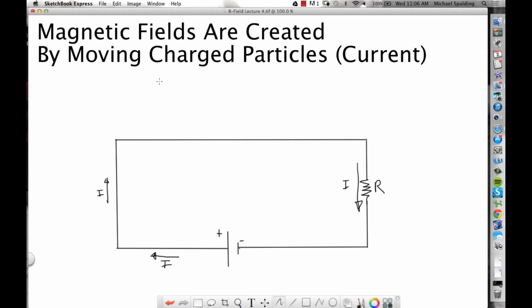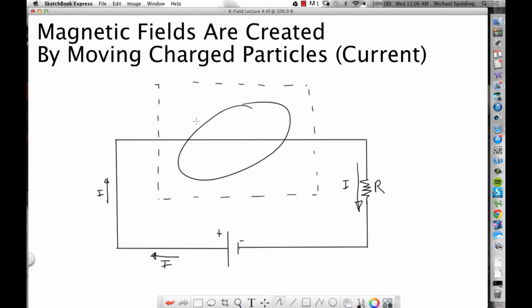Now look, I want to section off an area. I'm going to section off this area right here, and we're going to look at what the magnetic field would be like around this wire. Because look, what is current in a wire? Like over here I have a circuit.